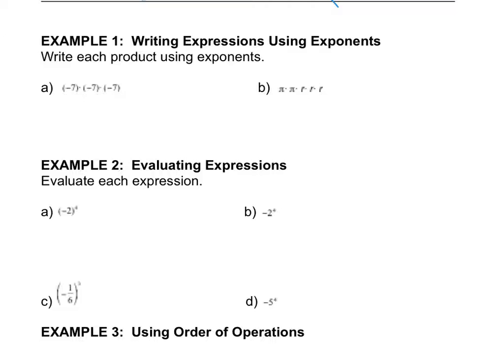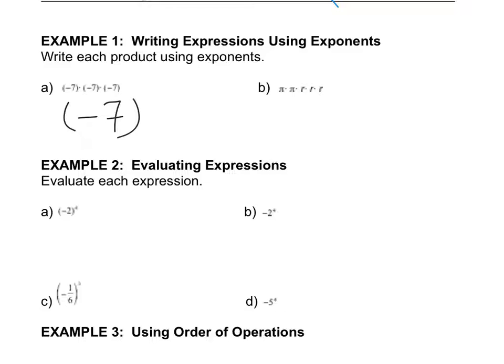So next we want to talk about how to write a product using exponents. As we just talked about up above, if I have a power that we're trying to write, we write the base. The base in this case is -7 in parentheses.